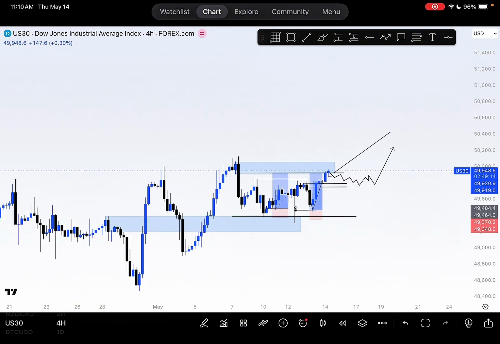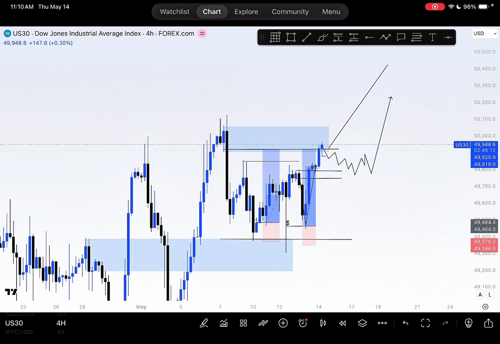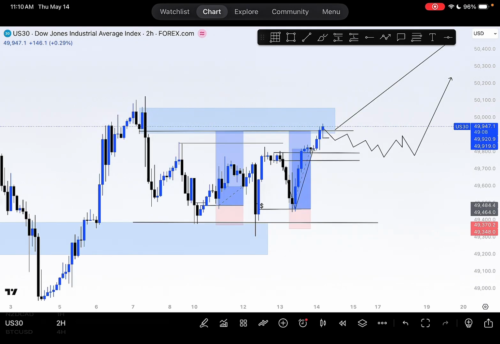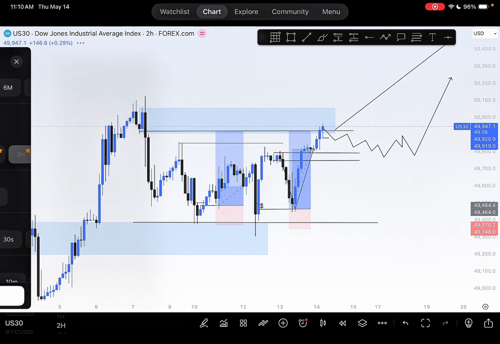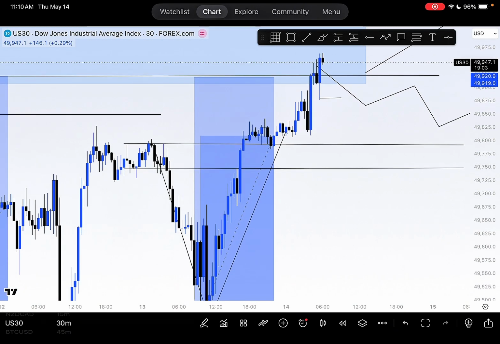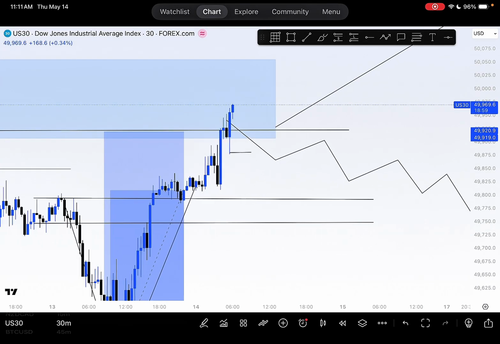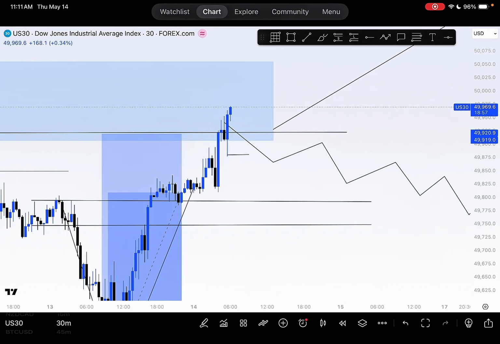So even if I should sell this market, my take profit should be in that zone, which is not worth it. This zone is not worth it. So we just allow the market to play out. Let's see how the market reacts.